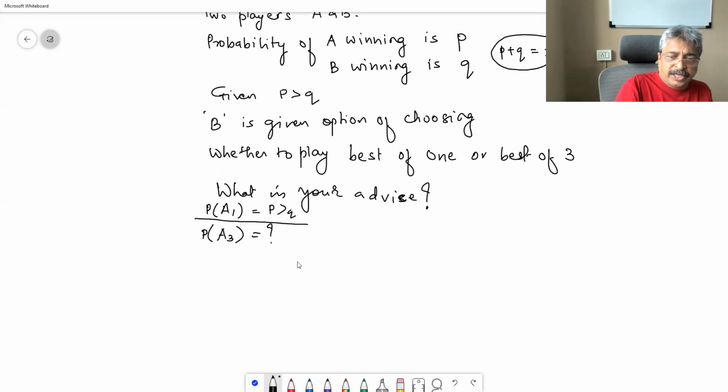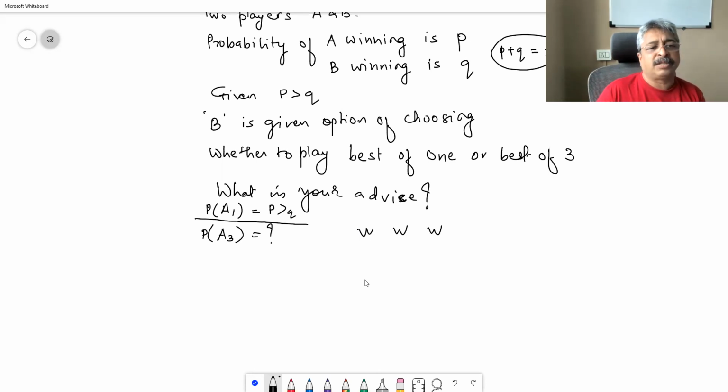Now if A is winning, then A can win in following different ways: win, win, win, all 3. And suppose for calculation purpose all 3 matches are played. Of course, if 2 matches are won by A, you need not have to play the third, but for our symmetry of calculations, let us do all 3 matches are played.